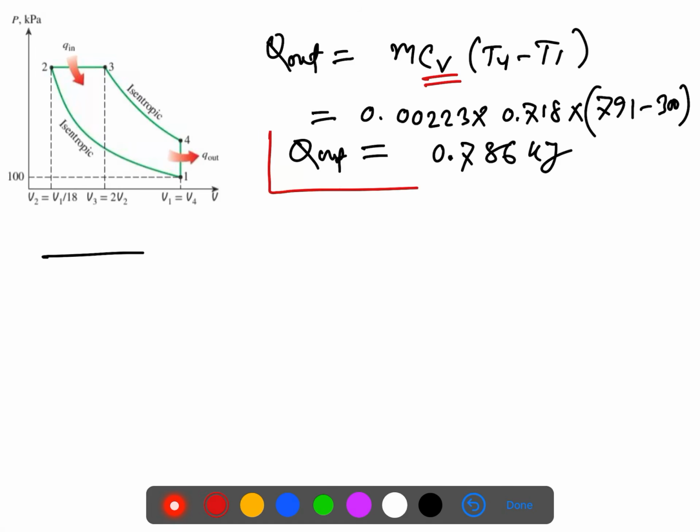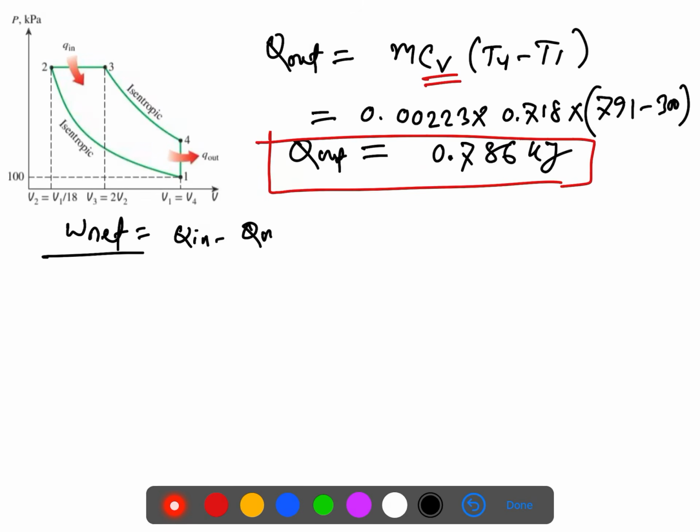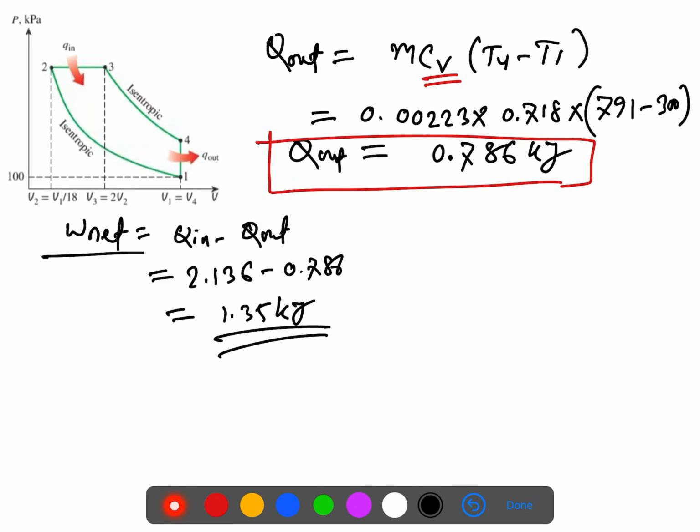So that means we know Q in and Q out. Then the net work will be Q in minus Q out. So it is 2.136 minus 0.786, which is 1.35 kilojoule. So this is the net work.